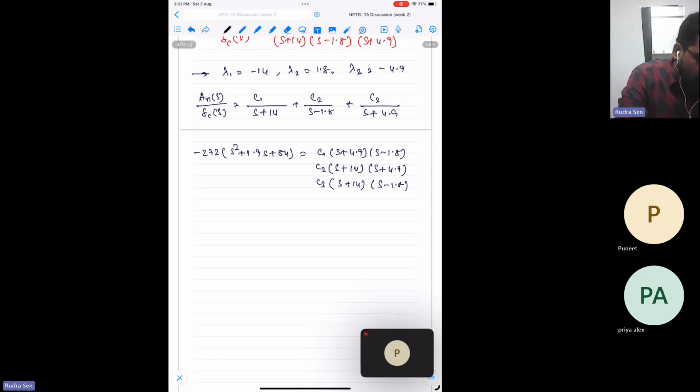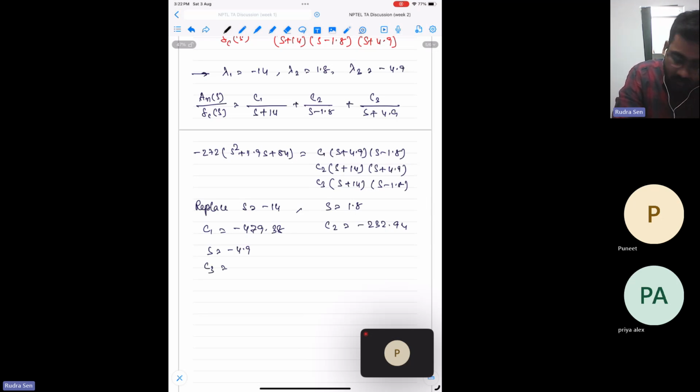Okay. So similarly, if you replace s equals to minus 14, you will get the value of C1 as 479.38, and then s equals to 1.8, you will get C2, whose value is minus 232.94, and s equals to minus 4.9, you will get C3 equal to 440.32.